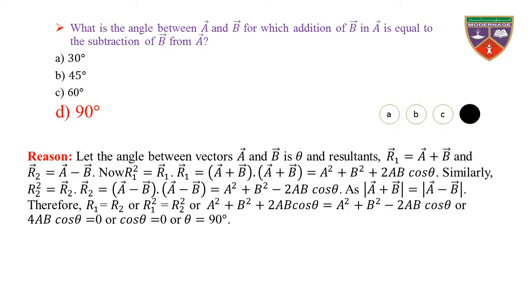A square is cancelled from both sides and B square is also cancelled from both sides. So we have 4AB cos theta is equal to 0. 4AB cannot be equal to 0. Therefore, cos theta is equal to 0 or theta is equal to 90 degree. Hence, the angle between vector A and B is 90 degree.